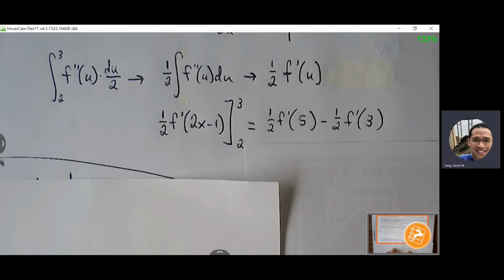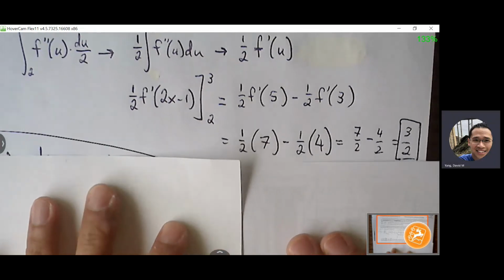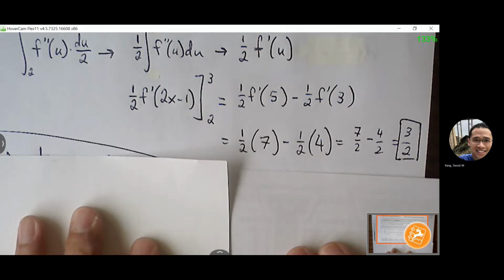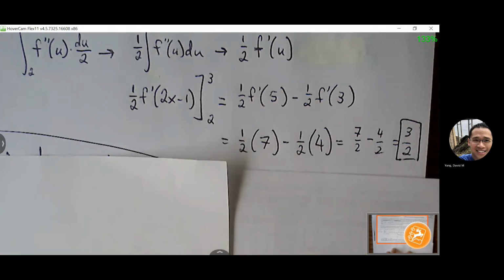And then we have a table of values that we can pull from, right? F prime of 5 is 7. F prime of 3 is 4. 7/2 minus 4/2 is 3/2. Okay, questions?